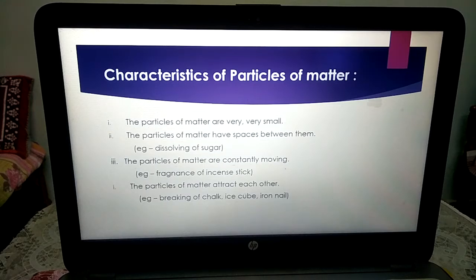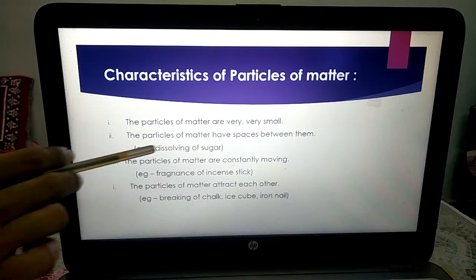These are also nothing but matter. Any thing which is occupying space, कोई भी चीज जो अपनी जगह ले रही है, उसे मैटर हम बोल सकते हैं. Matter is made up of very tiny particles, and the particles are not visible to us.